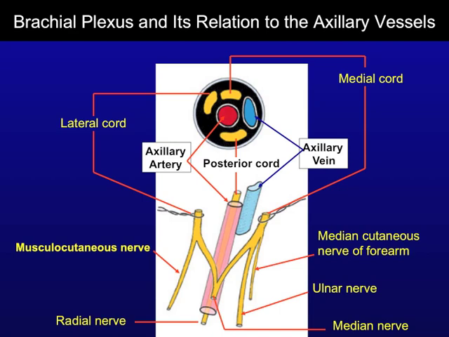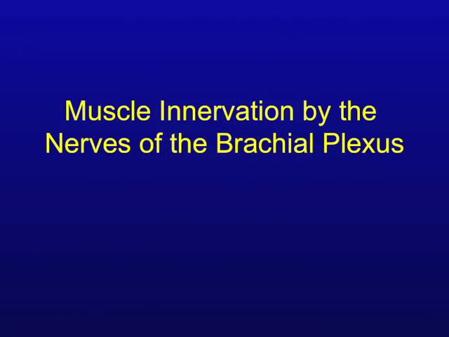As stated earlier, the nomenclature of the cords is completely based on their relationships to the axillary artery. Having shown the anatomical basis of the brachial plexus, let's look at some examples of where the terminal nerves travel to innervate the muscles of the upper limb.